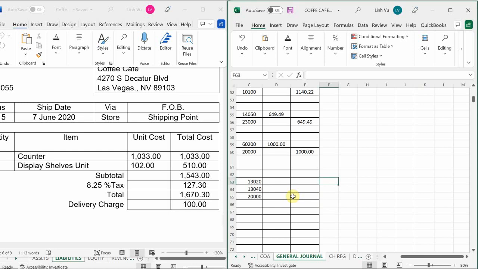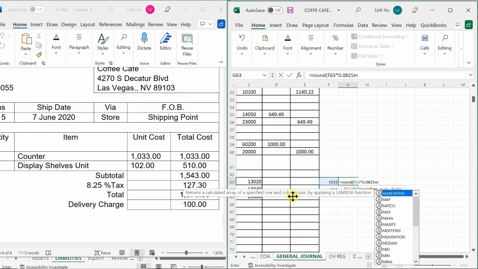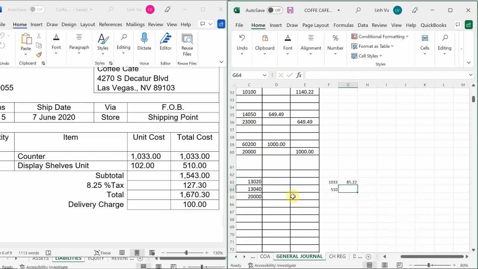Correct. So in this case, my counter was 1033, and my display shelves is $510. The tax on that is going to be, I'm going to do equal rounding here, 8.25%.